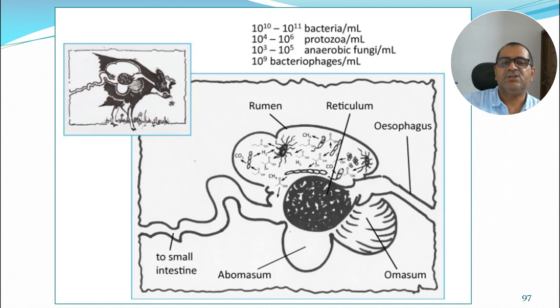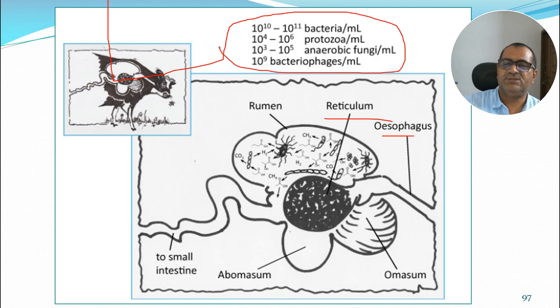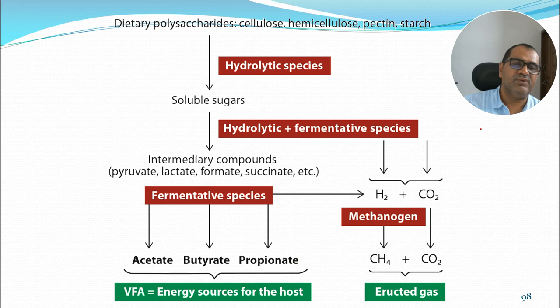Hundreds of bacterial species are present in the rumen, reticulum, omasum, and everywhere. The highest number is the bacteria, followed by the protozoa, followed by anaerobic fungi, and lastly the bacteriophages.